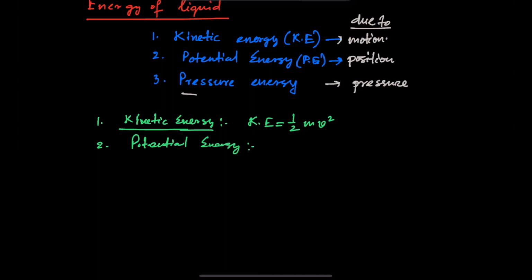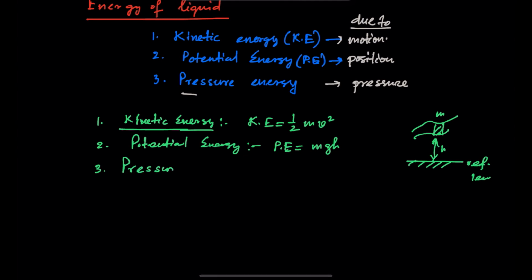So if a particular liquid, solid or gas, a fluid element of mass m, is at some height h from the reference level, then the potential energy PE is equal to mgh. We all know that, right? And number three is pressure energy. This is something new to us, I guess.